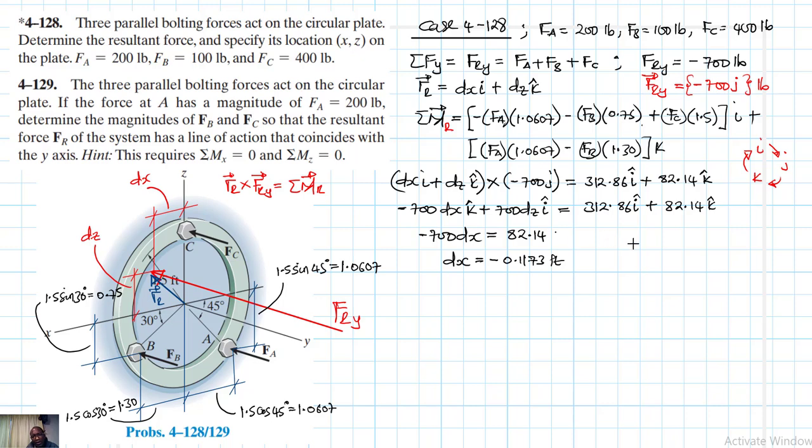Great. Then this other part here, we'll have another equation, which is 700 dz will be equal to 312.86.